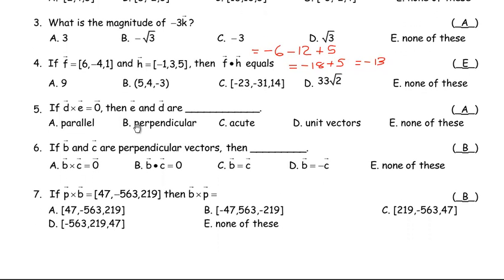For question number 5, if D cross E is a 0 vector, then D and E are parallel. If you have parallel vectors, so let's say that's one vector, and I'm going to make another here in a different color. So let's say we had this vector here. They're supposed to be parallel.